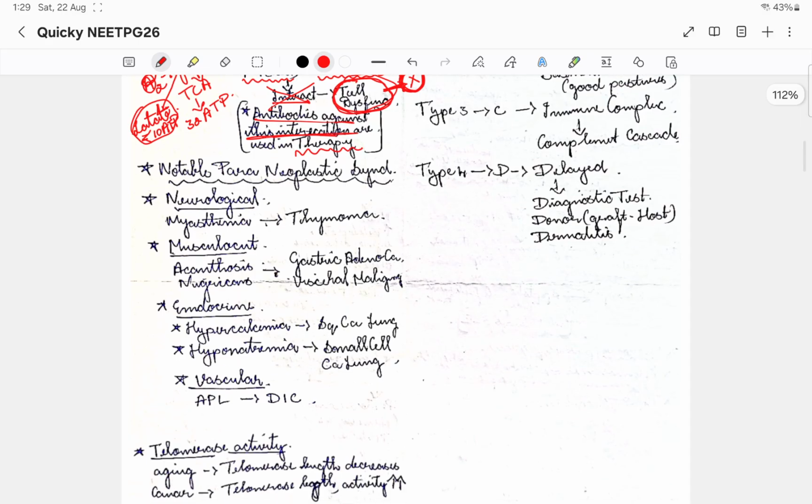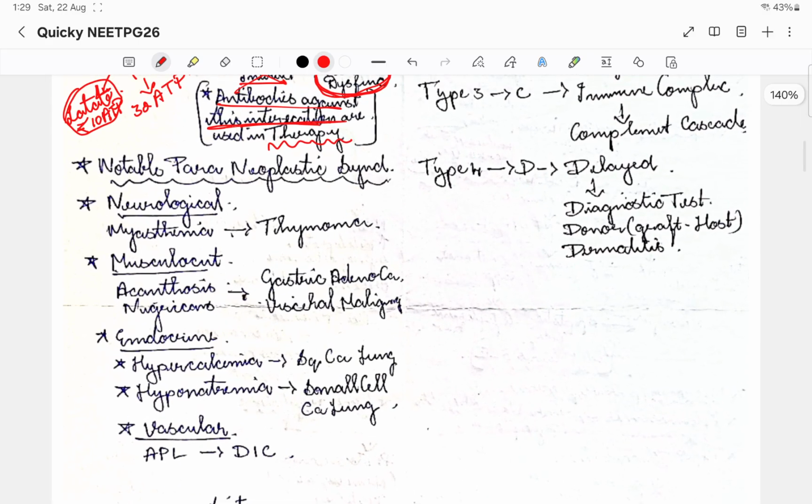Moving further, notable paraneoplastic syndromes. Paraneoplastic syndromes mean all the metabolic disorders that might happen not directly from the cancer cells, but from the hormones being released, or the metabolic actions happening because of the cancer.